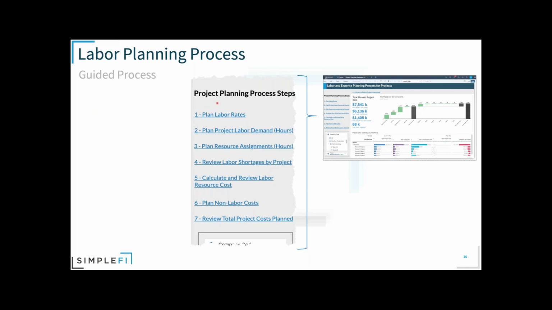What we've done is built out a basic workflow for the users where we will plan labor rates, enter our project demand hours, and then also do some alignments with what's available, review where we may have shortages and so forth, calculate our labor costs after we've made changes, and even be able to plan for some non-labor costs in the projects, and then look at everything at the end there. So with that, why don't I switch over to the application.